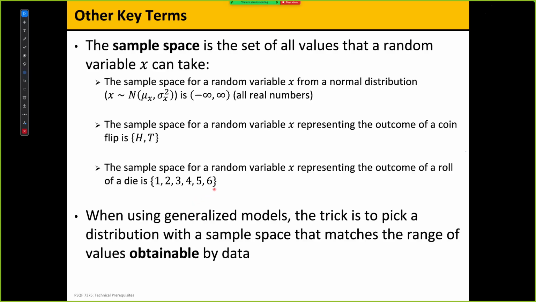So if you say that a random variable x comes from a normal distribution, which is denoted as x tilde N, this little tilde means colloquially comes from, or another way of describing that is follows. If you're into the statistical definition, sometimes we describe this tilde as meaning IID, which is independent and identically distributed.